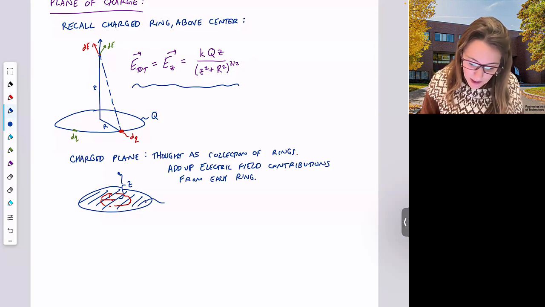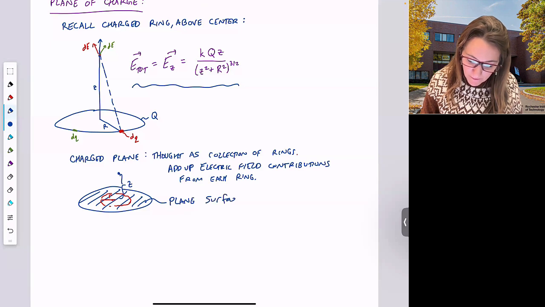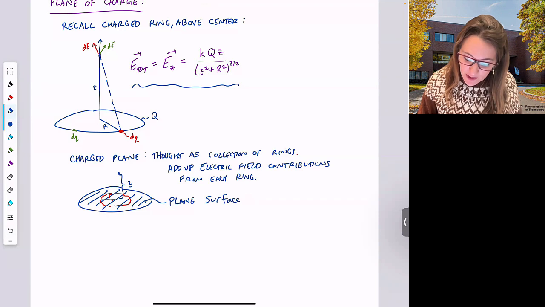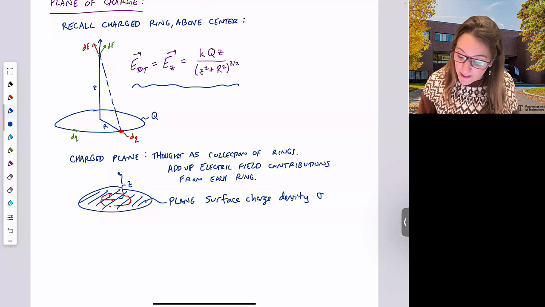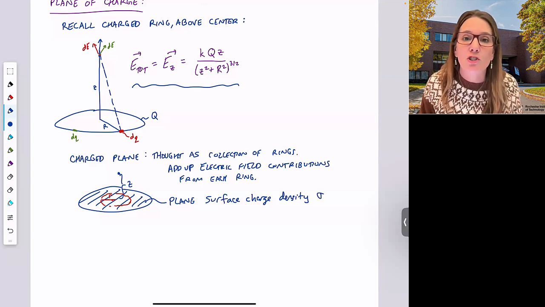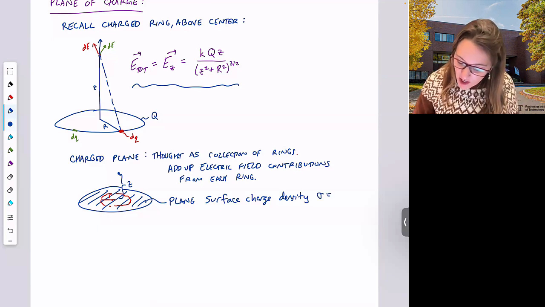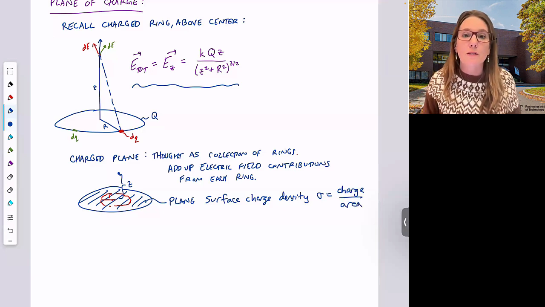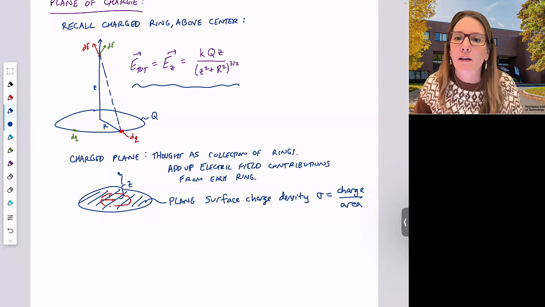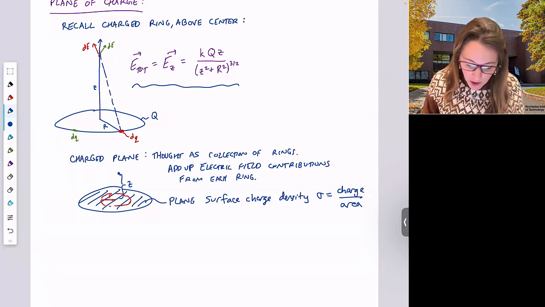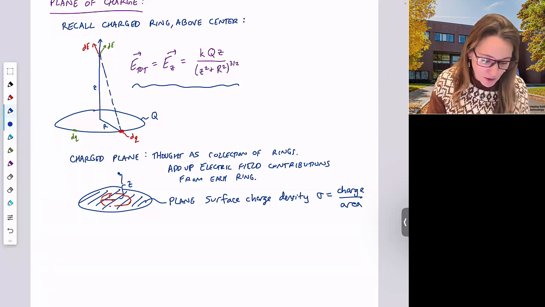Let's say this plane has some surface charge density that's going to be given by sigma. Now remember, when we move up one dimension, it's a charge per area, so we use sigma and not lambda. And so that's going to be our plane surface geometry.